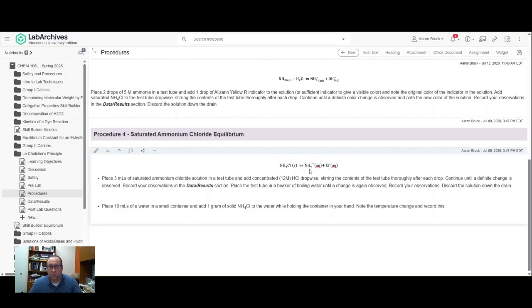So we are going to take this solution, and the solution itself would be the right-hand side of this equation, where if there is no solid present, that solution is full of these ions. And we're going to push on it. We're going to see what happens when we add hydrochloric acid and increase the concentration of the chlorides.